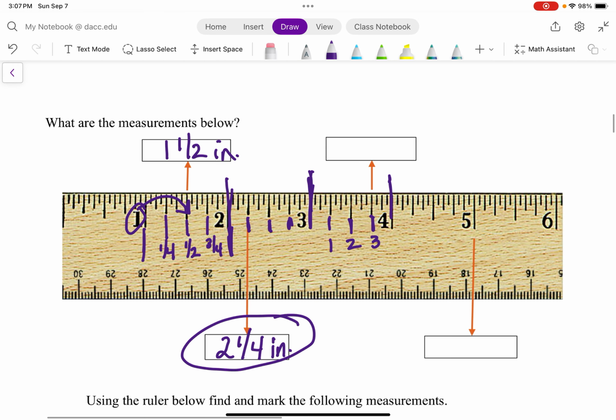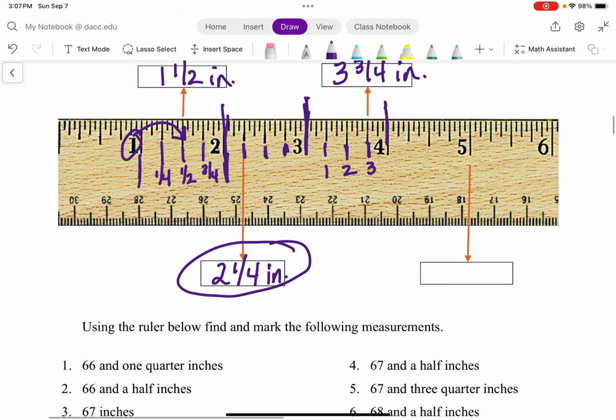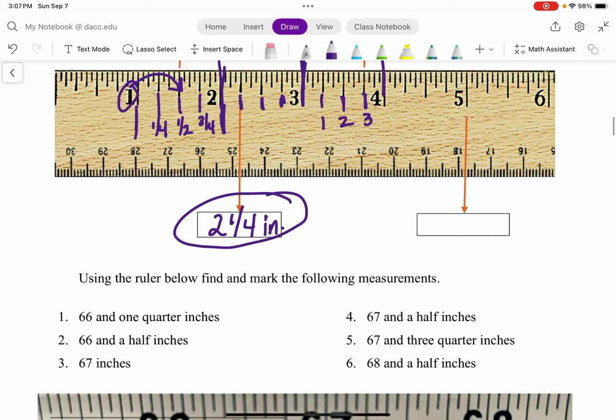Woohoo! So let's go back up. So it's the third line after 3. So 3 3/4 inches. Fantastic. And last but not least, what is that last arrow pointing to? It's pointing to the 5. It's right on the 5. So that would be 5 inches.